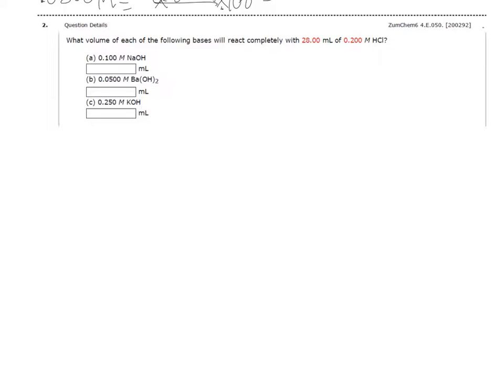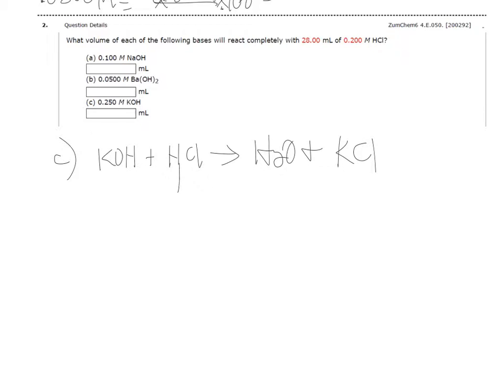On to part C. Part C is just like part A. We have a base with one hydroxide ion reacting with hydrochloric acid. The salt in this case is potassium chloride, but that's not very important. And just like before, we have the same number of millimoles of the acid.